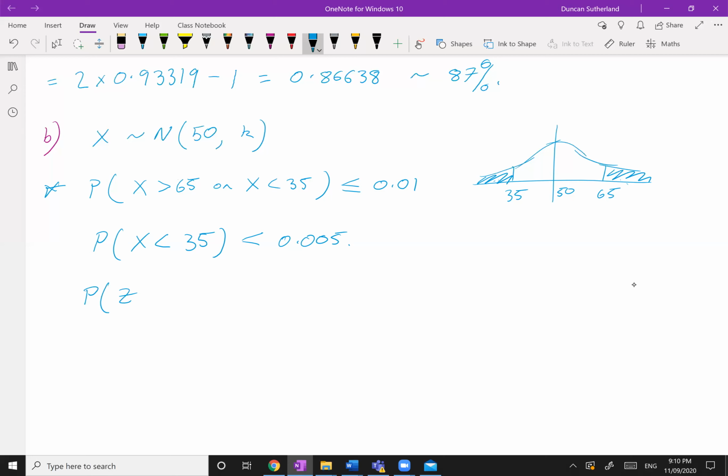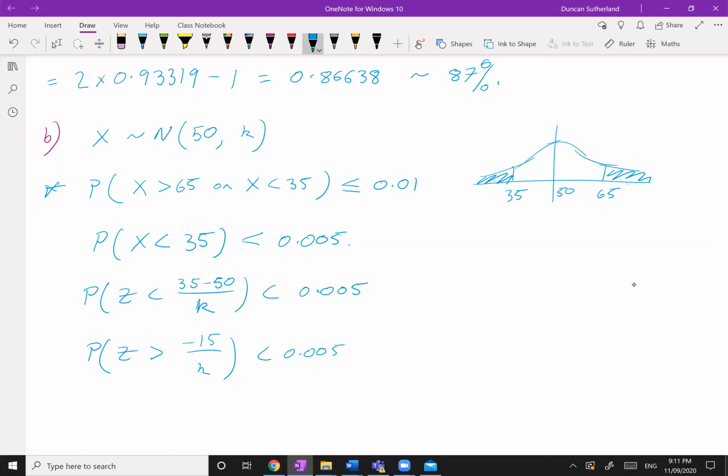Probability that Z is less than (35 minus 50) over K, where K is now our variance. We want that to be less than 0.005. So P(Z less than minus 15 over K) is less than 0.005.